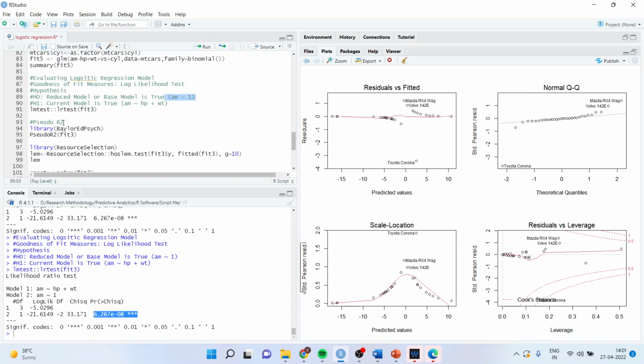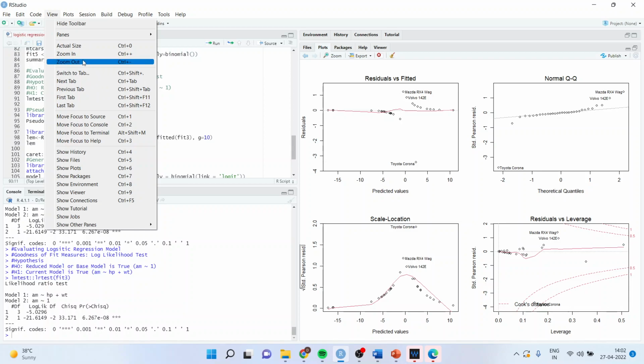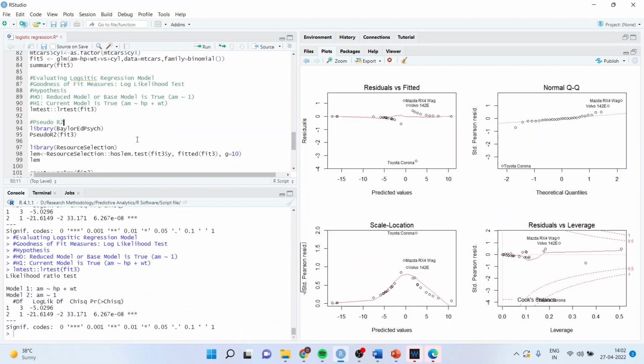We don't have the pure R-square in the case of logistic regression because the functional form of the model has changed. So instead, we use pseudo R-square. There are various measures like Nagelkerke R-square and Cox and Snell R-square.